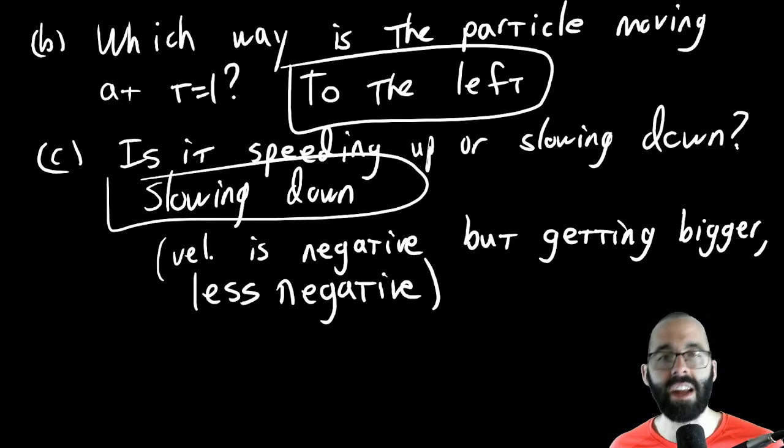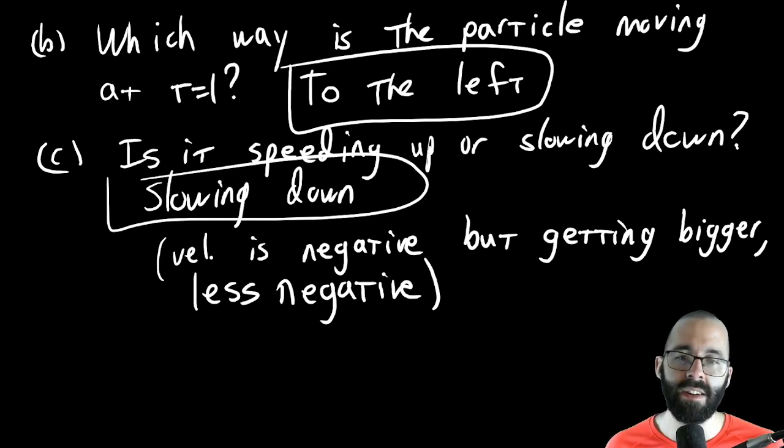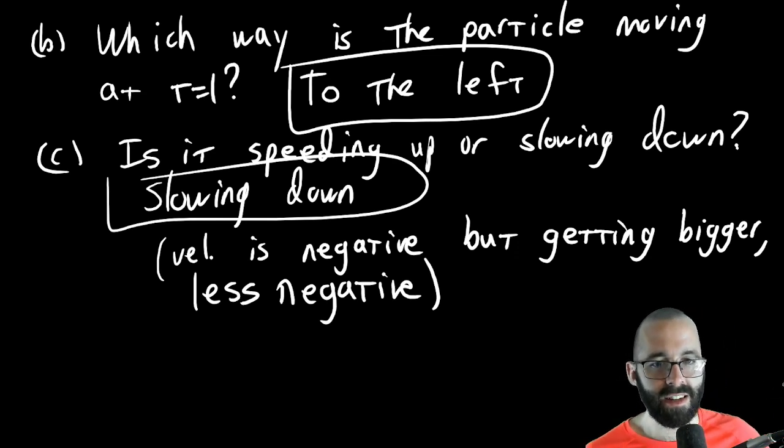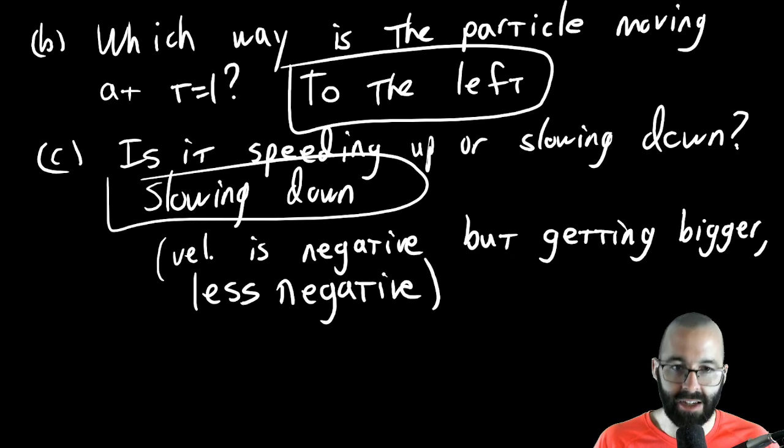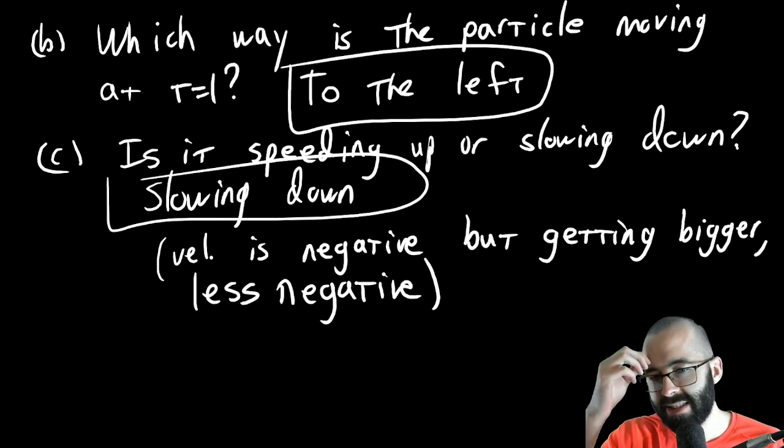You have a negative value that's getting bigger, so it's getting less negative. If we were at -5 meters per second, and we're increasing that, then it's -4 meters per second, and -3 meters per second. We're getting closer to 0. We are actually slowing down, even though the acceleration is positive. All right, and that's kind of what's going on here.